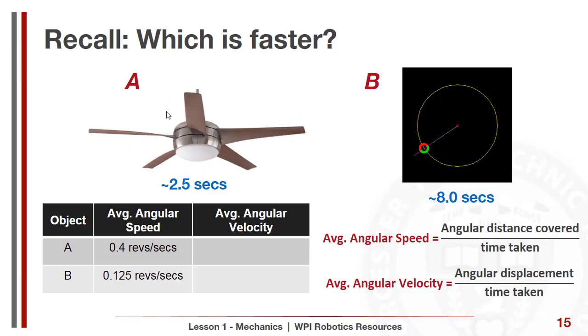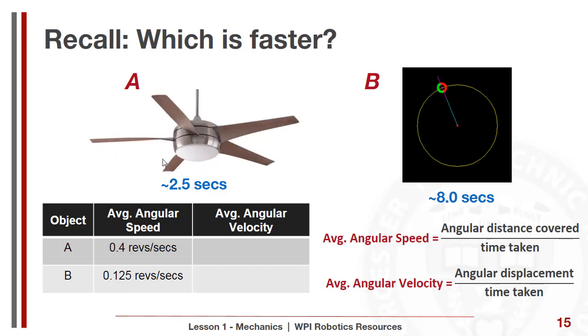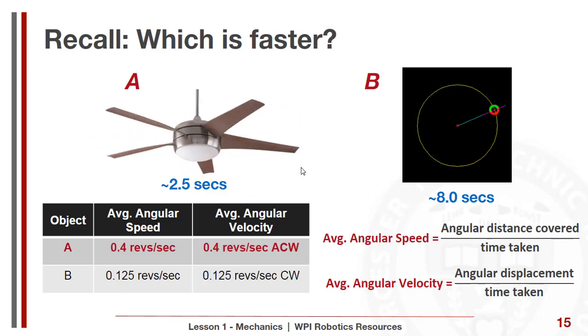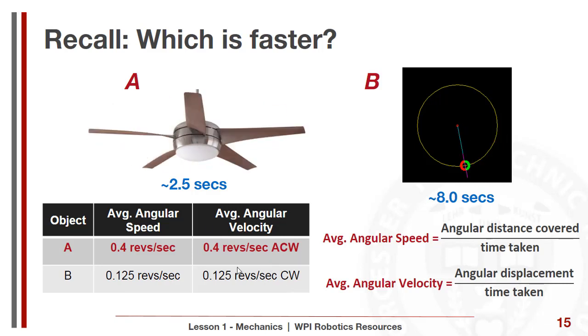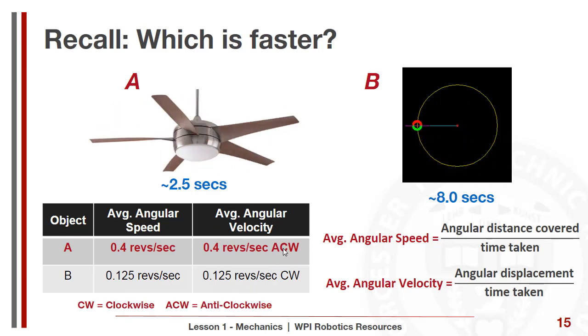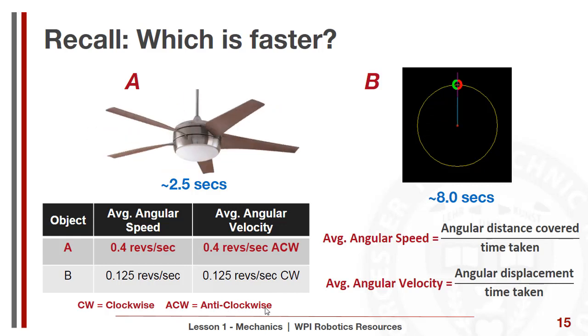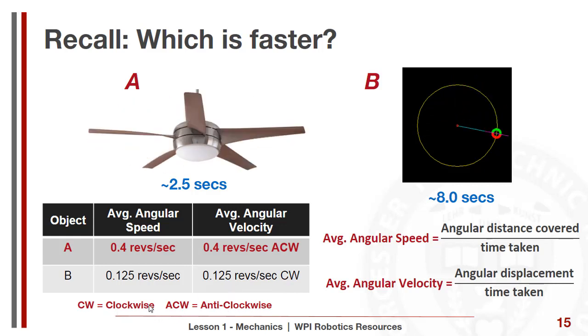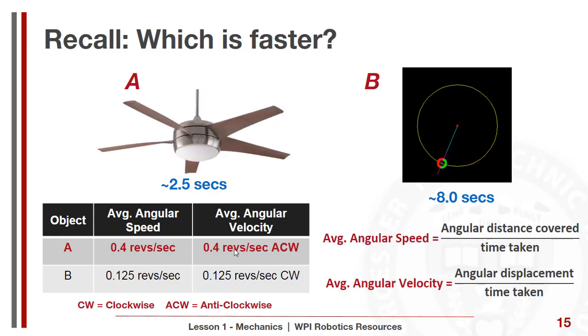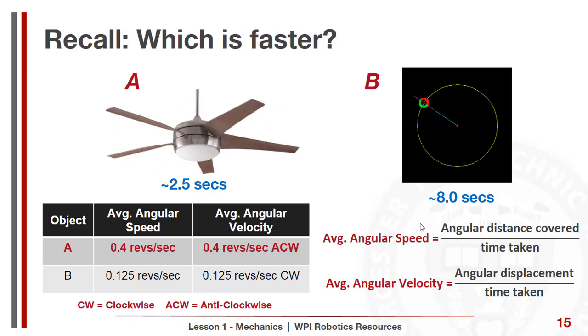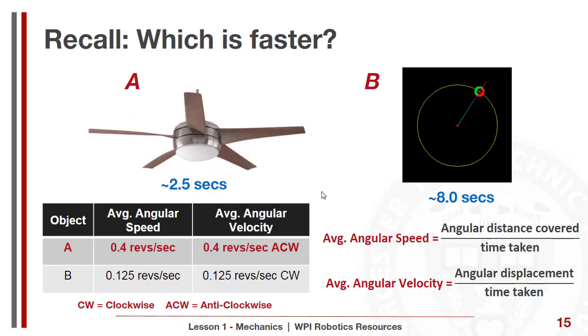And this is moving the other way, like you see my cursor, which is anti-clockwise motion. And so we would have results like this. ACW is anti-clockwise, and CW is clockwise. And so this is how we can calculate the angular speeds and angular velocities of objects.